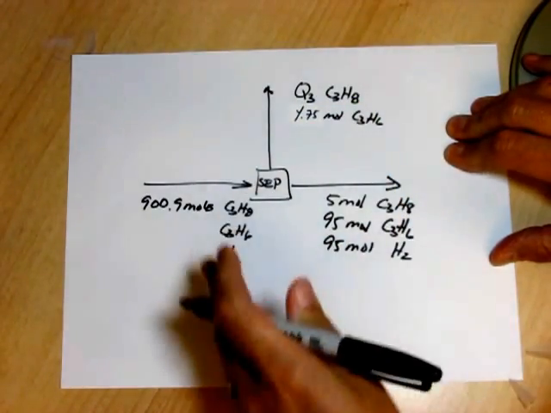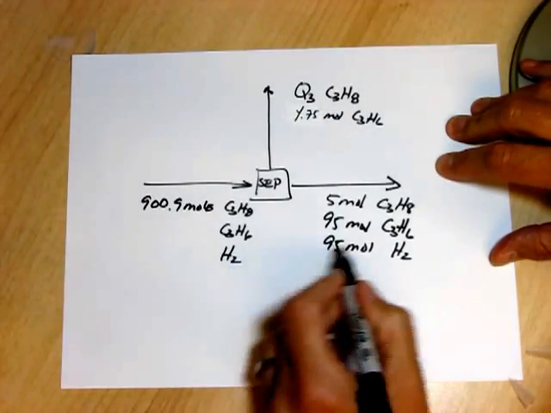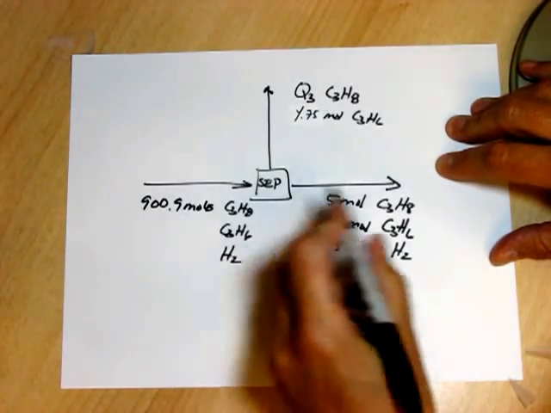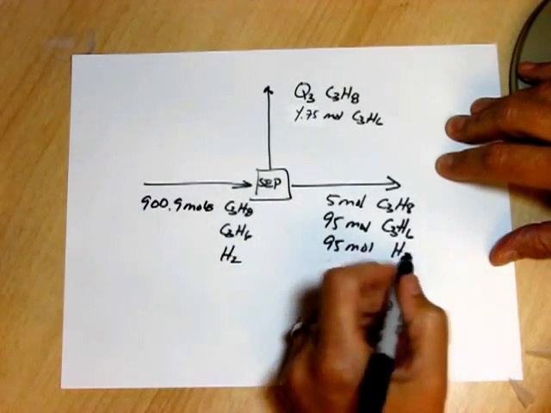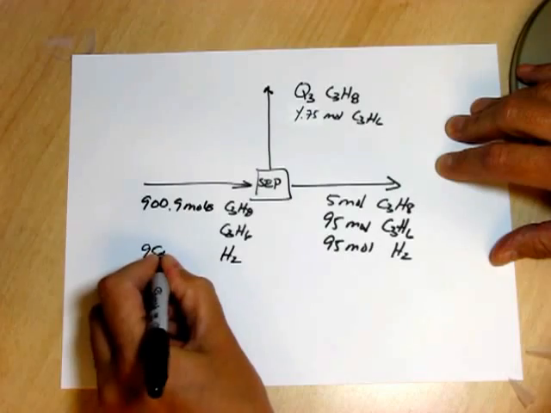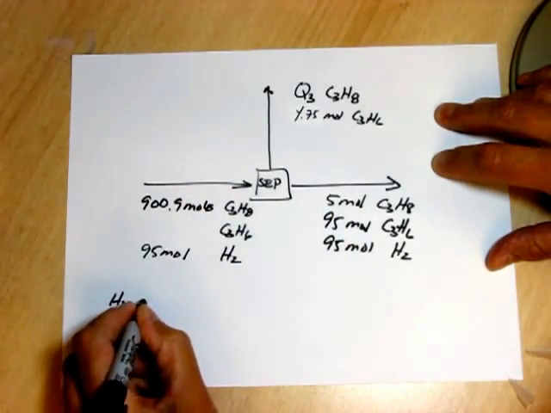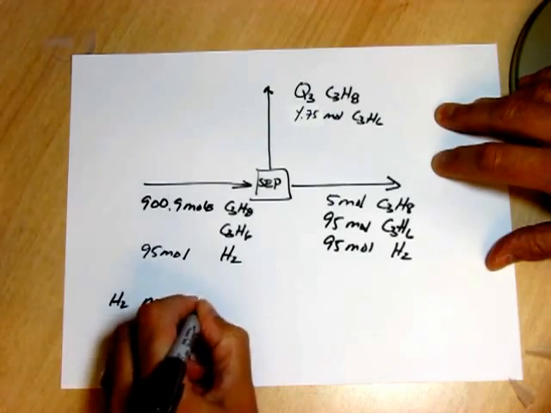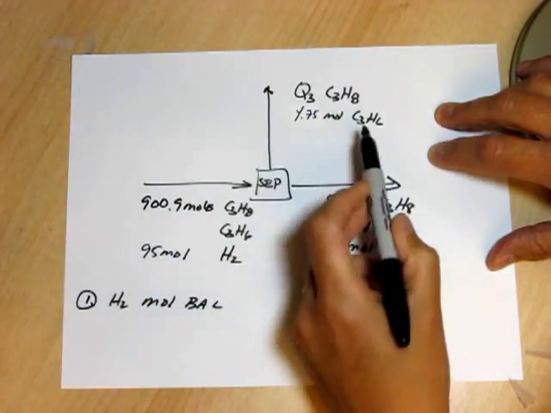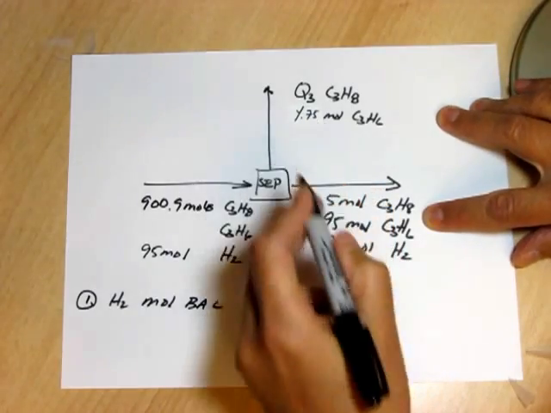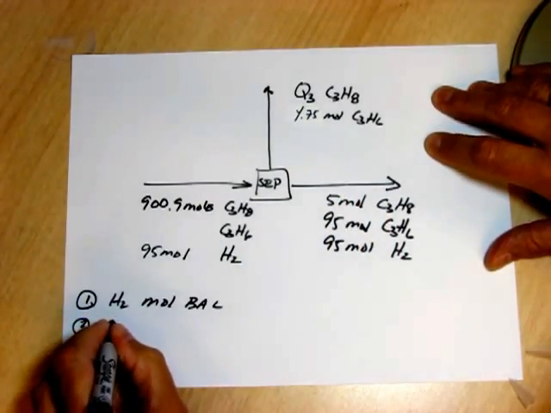So writing it again, we can see that our balances are not too difficult here. Hydrogen is a tie component. It comes in one place and goes out another. So if 95 moles of hydrogen come out here, 95 moles of hydrogen must have come in here. So that's the hydrogen mole balance. On C3H6, we know 2 out of the 3 streams, so we can do the propylene mole balance.